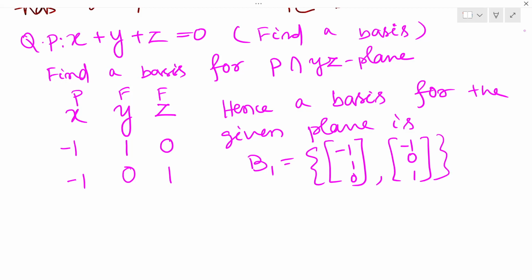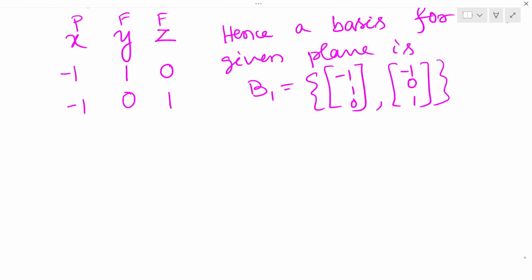They constitute the basis. Now the second part of the question: this is my plane, the vectors constituting my plane. What about the basis of the plane intersected with the YZ plane? YZ plane means what?